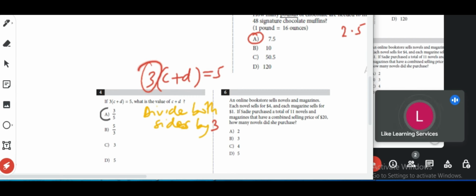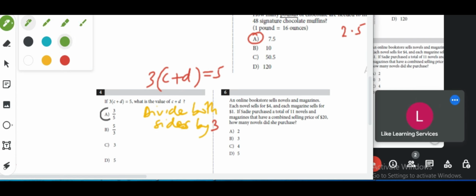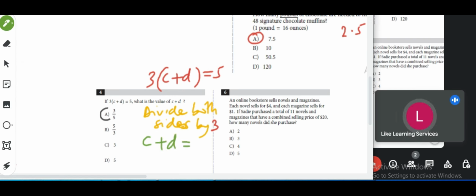Whatever is attached to it, we divide both sides by it. So that will now give us C plus D equal to 5 divided by 3, because we're dividing both sides by 3. Do you understand? This over 3, this over 3.